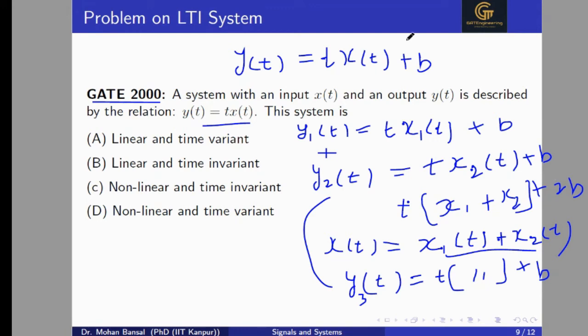That's why any addition of a constant generates a non-linear system. Okay. So this is linear, A may be correct, B may be correct, but C and D are not correct.